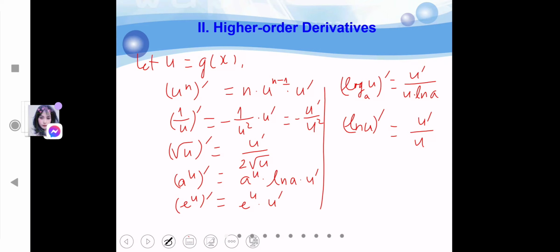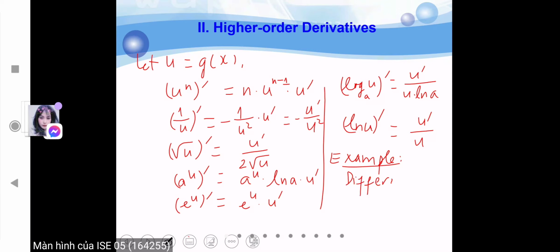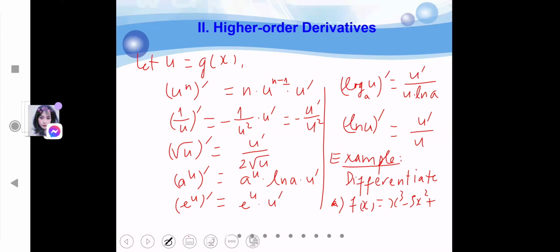Now, example. Differentiate the following functions. Question A, f of x equals e to the power of cube of 5x squared plus x plus 3.